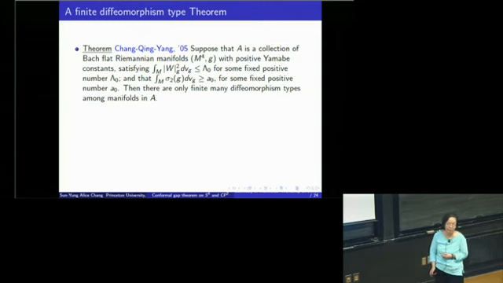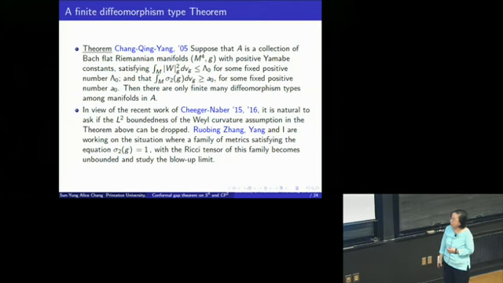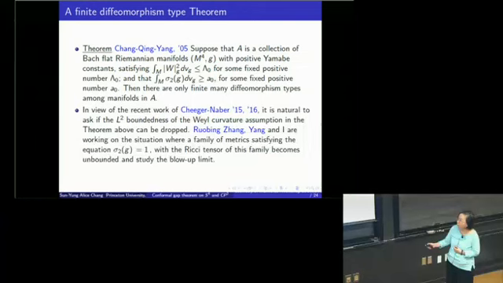And in view of the recent work of Cheeger and Naber, it is most natural to ask if, again, in this case, the topological assumption, that the L2 norm of Weyl squared is bounded, can be dropped. But it turns out this is quite a difficult question for us.